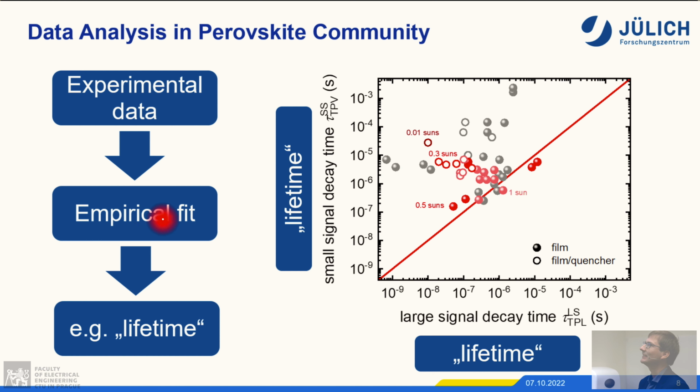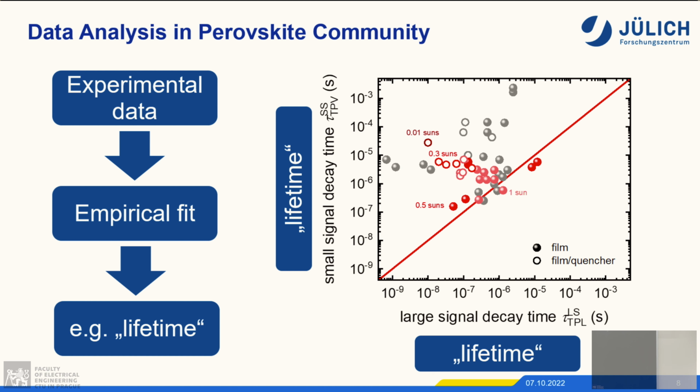And in many cases, the interpretation of the data is done, for instance, by an empirical model, maybe an empirical fit. So lifetimes are often measured by fitting exponentials to experimental curves. So you have an experimental observable, maybe a photoluminescence decay, and then you fit an exponential curve to this decay.